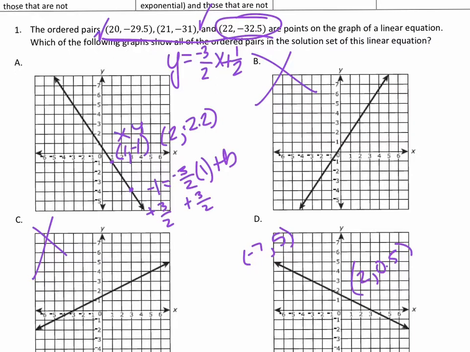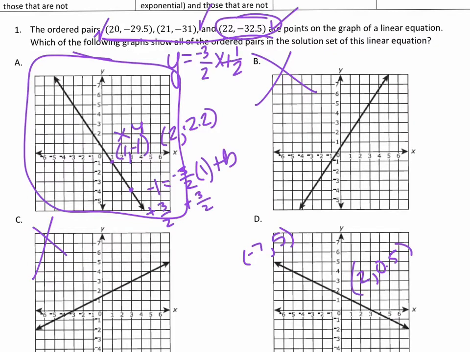So then I have negative 3 over 2 times 22, don't forget the negative, plus 0.5, which is negative 32.5. Perfect. So A is the correct answer.